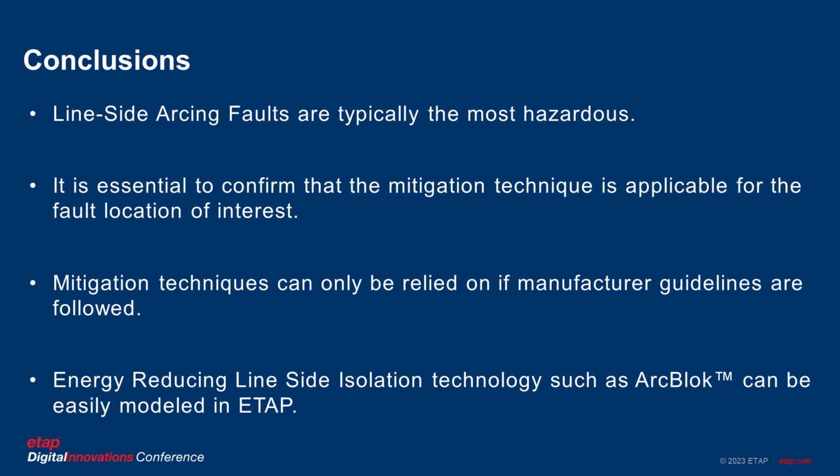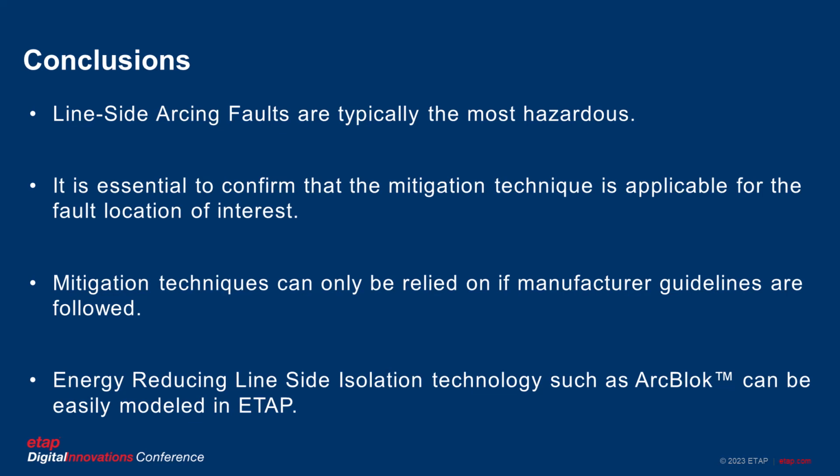And then lastly, based on the demonstration we just did, we were able to see that to model technologies such as energy reducing line side isolation equipment, or in this particular example, ArcBlok, we just need to make a few simple changes to the ETAP project to model and take credit for that mitigation technique. And keep in mind, we can only take credit for that mitigation technique as long as the equipment is being operated under manufacturer specifications.